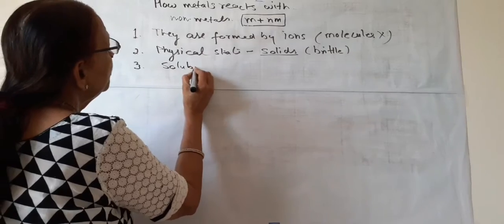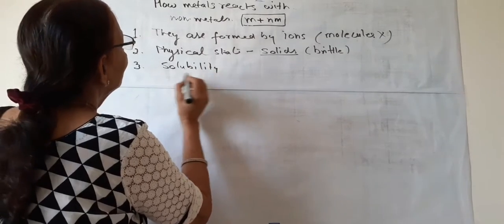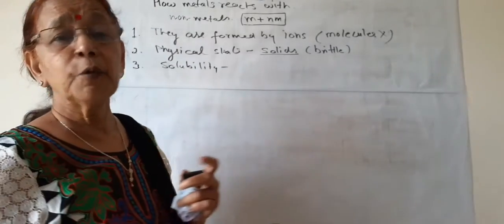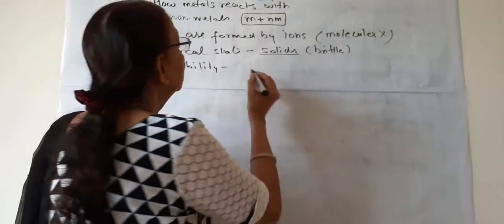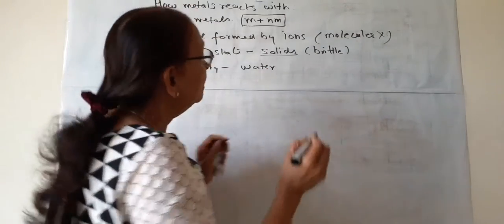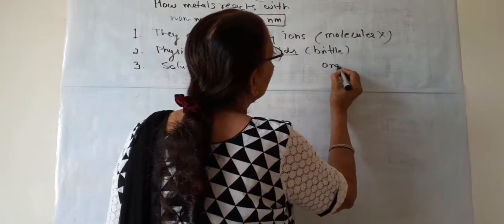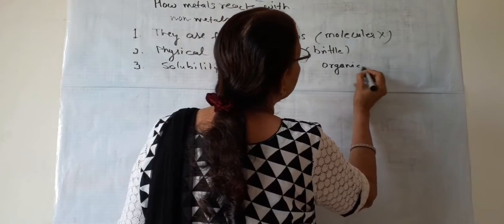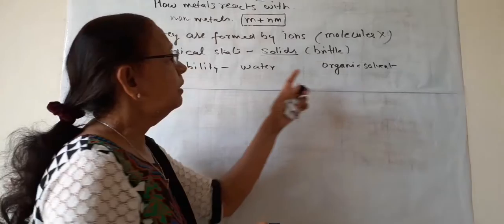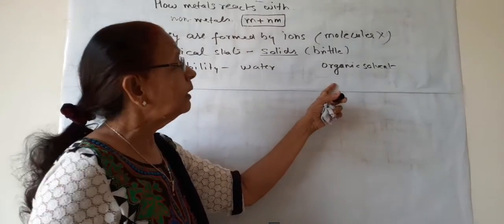Most of them are generally soluble in water, and they are not soluble in organic solvents. I will tell you why they are soluble in water and why they are not soluble in organic solvents.